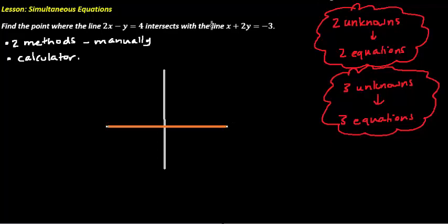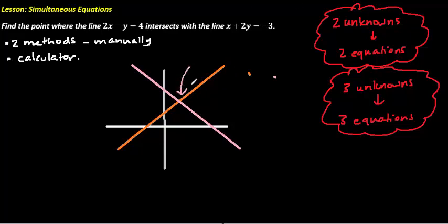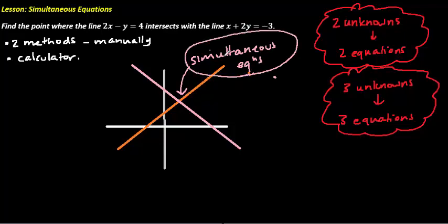If we have an orange line like this, and then a pink line like this, the point where they meet is a point that we can solve using simultaneous equations. And that's the purpose of using simultaneous equations. It's to find where these two lines meet.